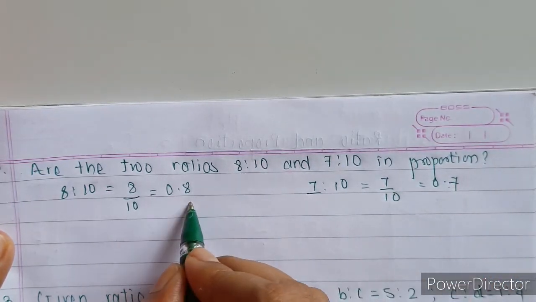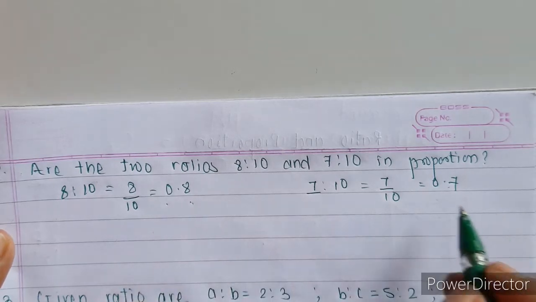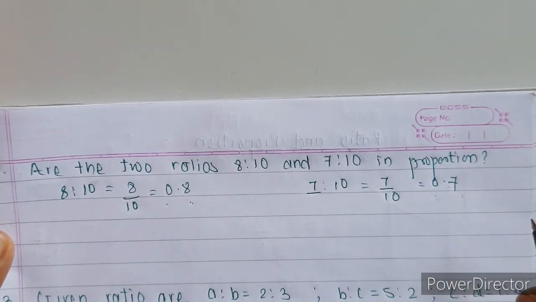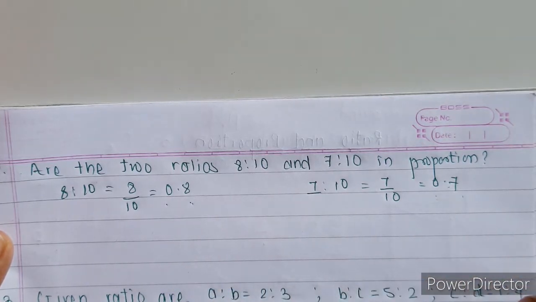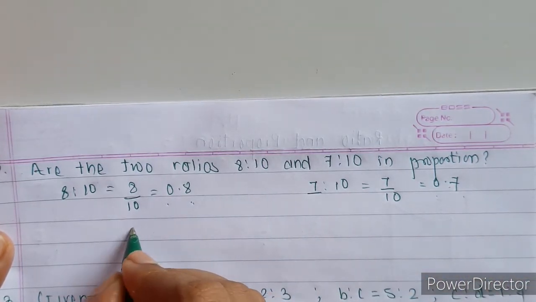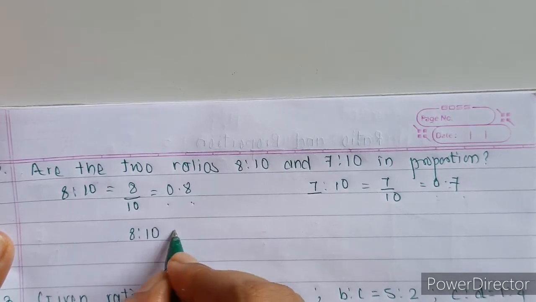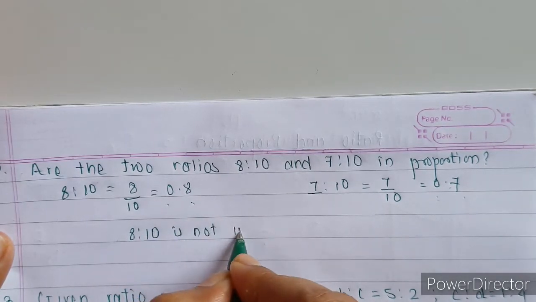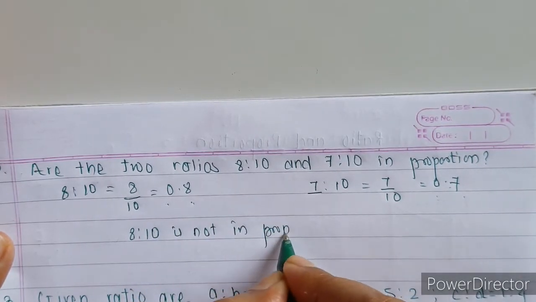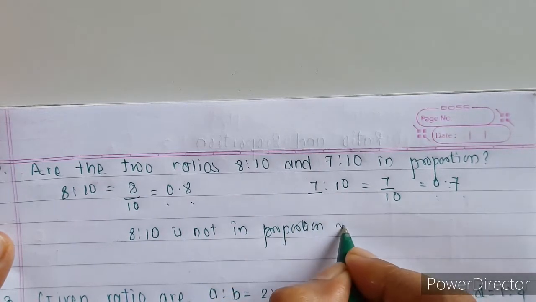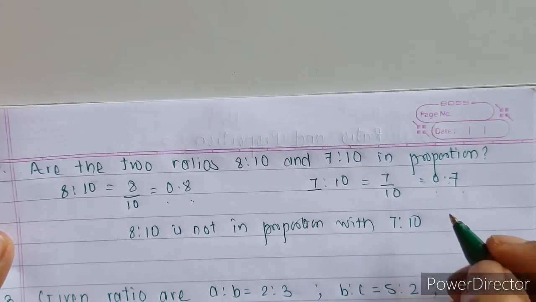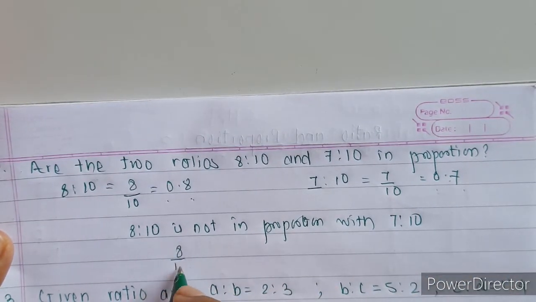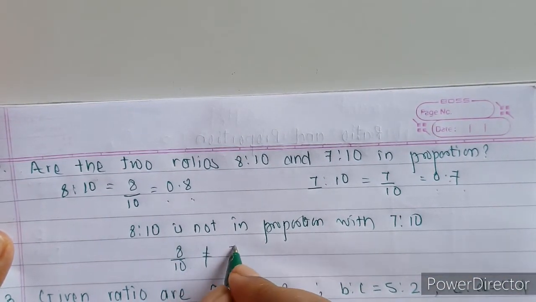Now just check the ratio. This is 0.8 and this is 0.7. Both are not equal. So we can say 8:10 is not in proportion with 7:10.